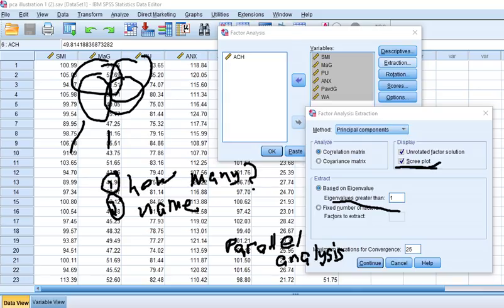Then we plot those random eigenvalues, and at the point at which those random eigenvalues fall below the eigenvalues in your data, at that point we retain the components. I'll show you that in this presentation as well.